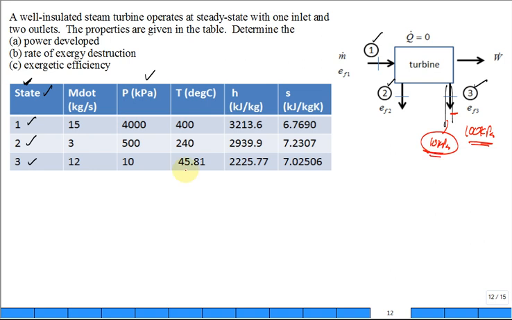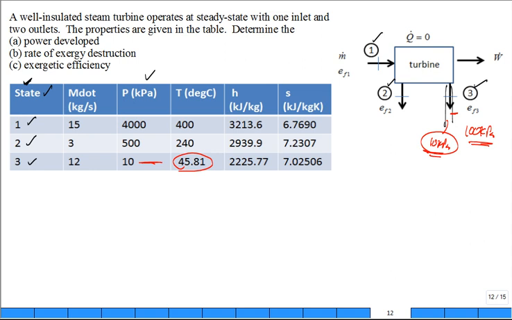Now notice they give you a temperature at state 3. When they give you a temperature to 4 significant digits like that, just look at it. What's it cry out to you? Yeah. Hello, I'm the saturation temperature at that pressure. It's two-phase. I forgot the quality. I probably have it written somewhere here.